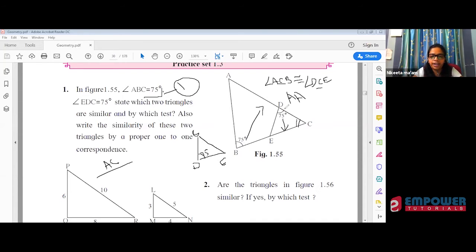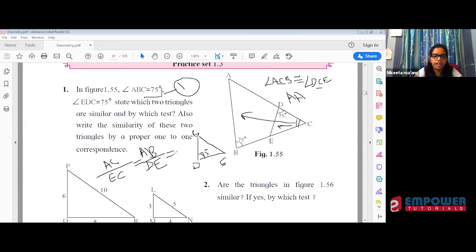Upon that we will write the side of triangle DCE or EDC, whatever. So here it will be EC, right? Now the second congruent angle is which one? Angle C, right? So we will write the side opposite to C, which is AB in the bigger triangle, and in the smaller triangle it is DE, right?